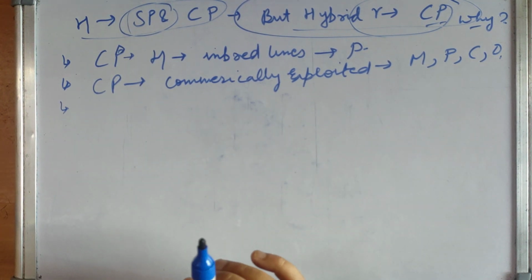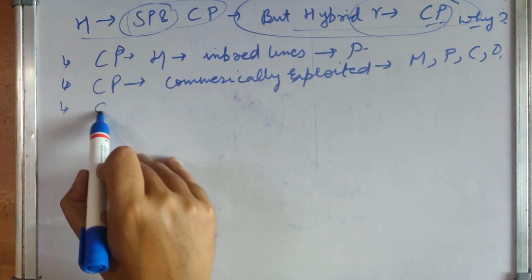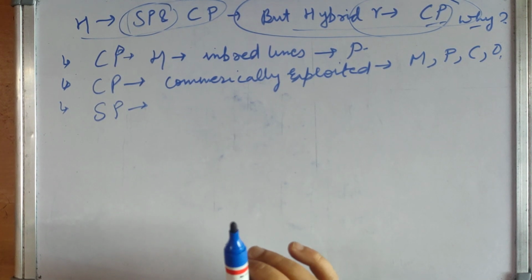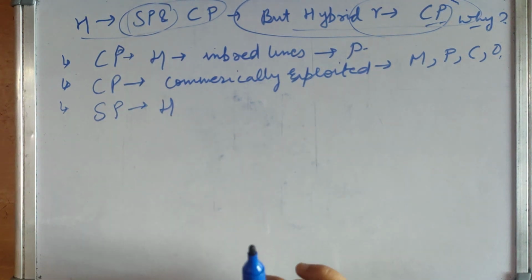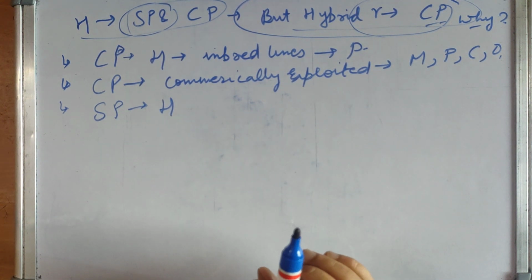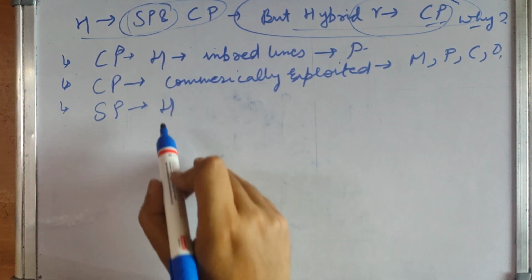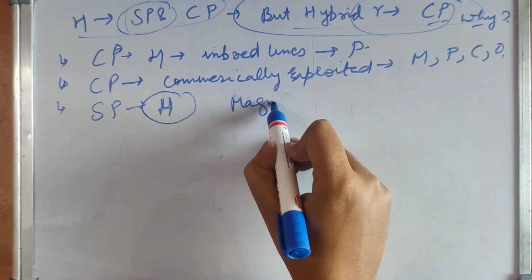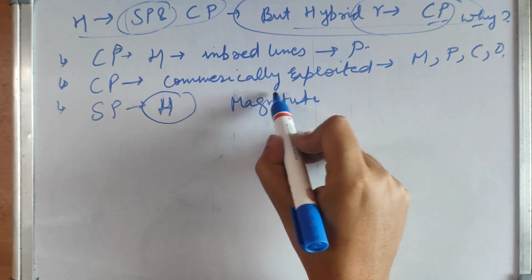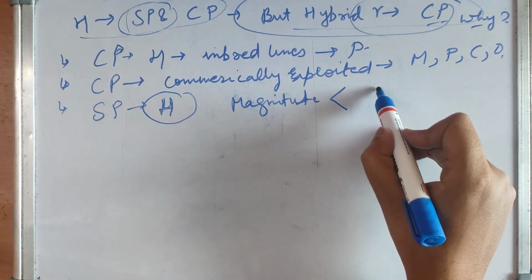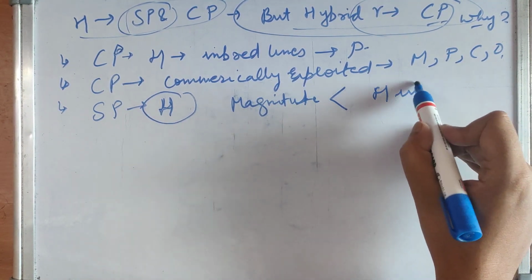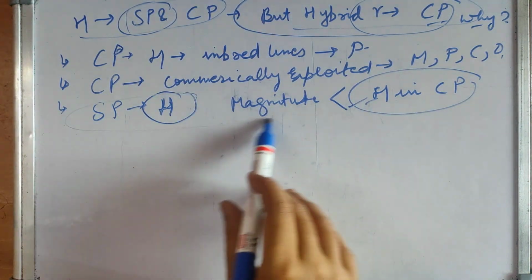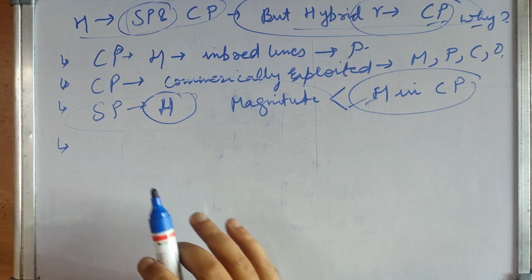In many crosses in self-pollinated crops also, crops show heterosis, but the magnitude of heterosis is generally lower than that of cross-pollinated crops.